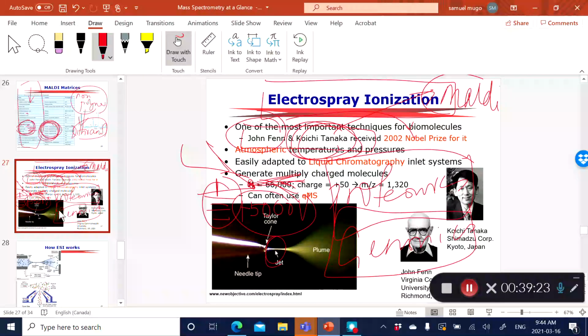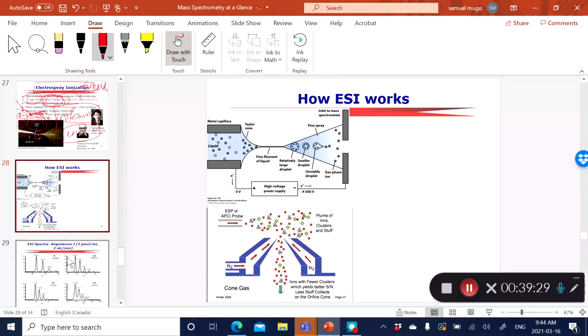And so you get this jet, and this jet of sample is charged. Now, because the sample is charged, as it is going across, it starts to repel each other, because you've got lots of charges in it.